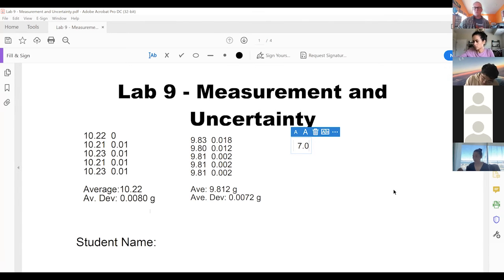So empty, 11.01 grams empty. And then full, 18.07 grams.